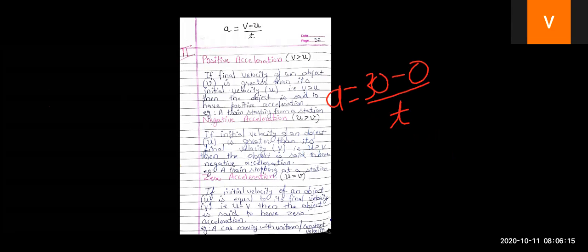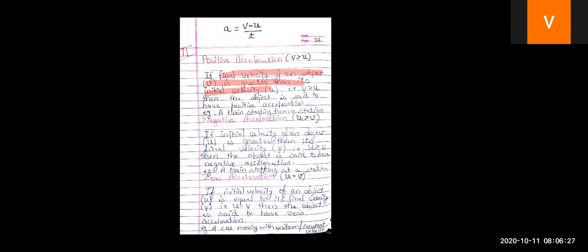When the final velocity is greater than the initial velocity, then the object is said to be under positive acceleration. Example, a train starting from a station. Final velocity is greater than initial velocity, so its acceleration is positive acceleration.